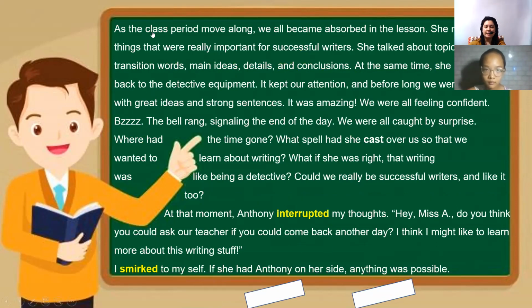Okay, and what else? She talked about topic sentences, constituents, main ideas, details, and conclusions, if they want to be a successful writer.